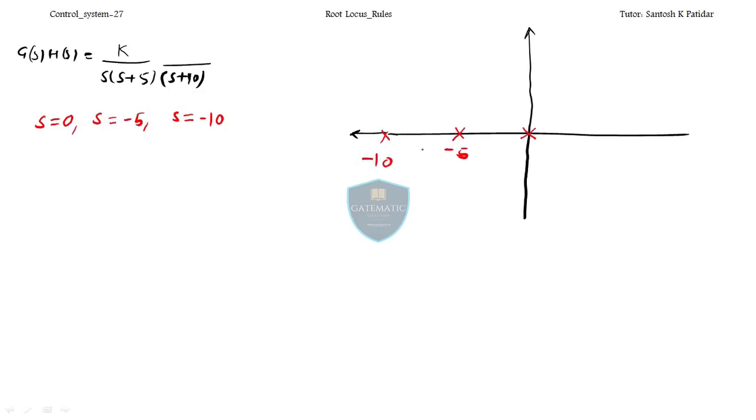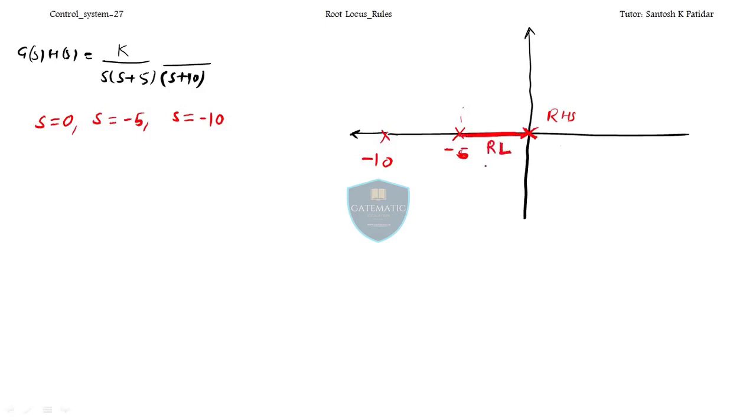Okay friends, now the second rule, we'll find the RL branches. First we'll come to this point, we'll look to the right-hand side, is there any point over here? No points, so no RL branch will come over here. I'll come over here, when I look to the right-hand side, I'm getting one pole, so definitely there will be an RL branch between these 2 points.